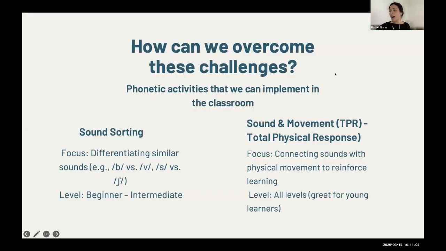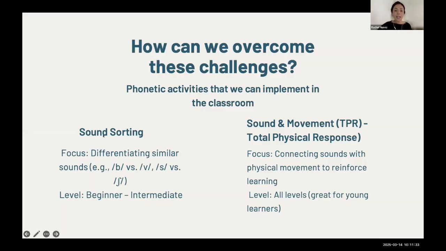So how can we overcome these challenges? There are different phonetic activities that we can implement in the classroom. There are so many, but I've only put two here just to save us some time. One is sound sorting. The focus is on differentiating similar sounds, like the B and the V, as in the example I gave before of "berry" and "very."